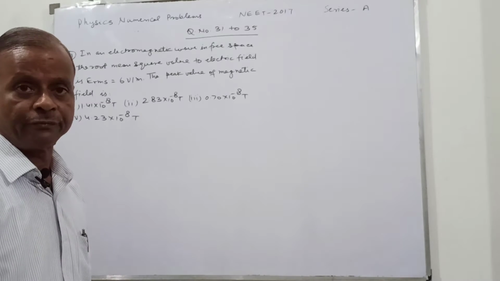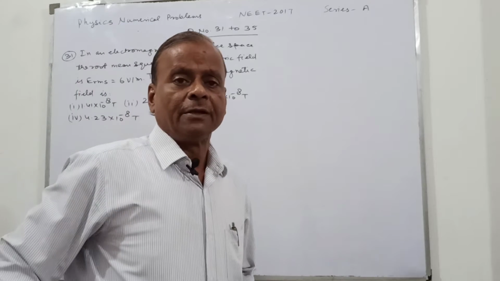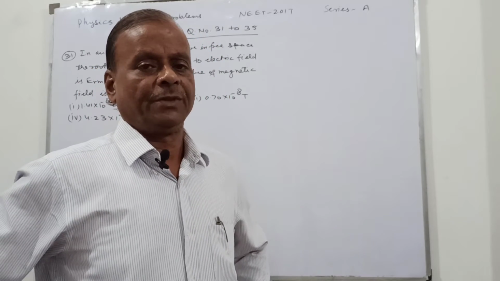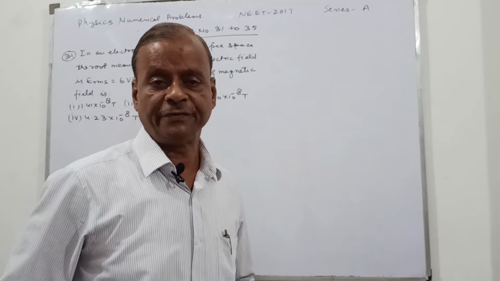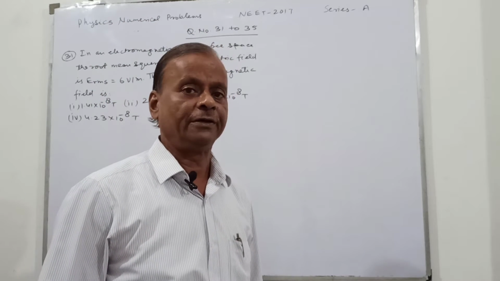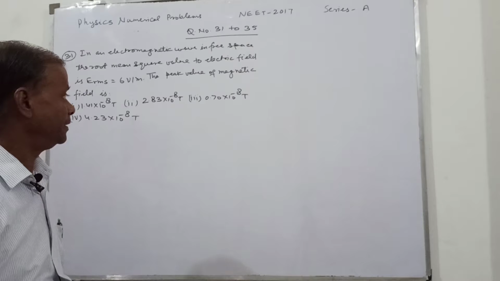So now we are given the RMS value of the electric field in the electromagnetic wave, which is propagating in free space. And we are asked to find the peak value of the magnetic field.